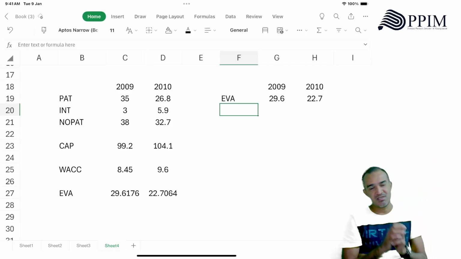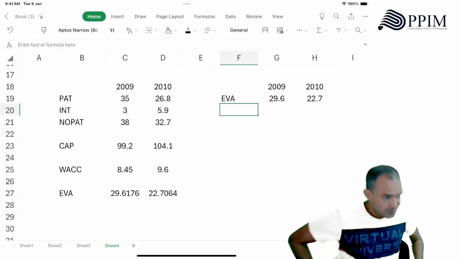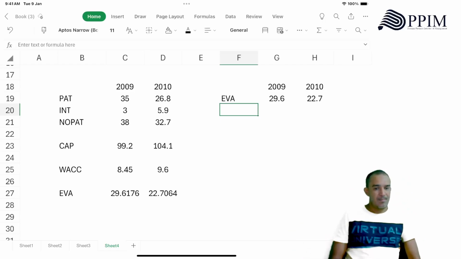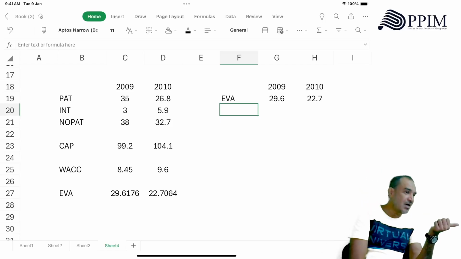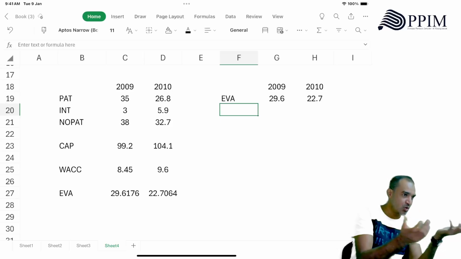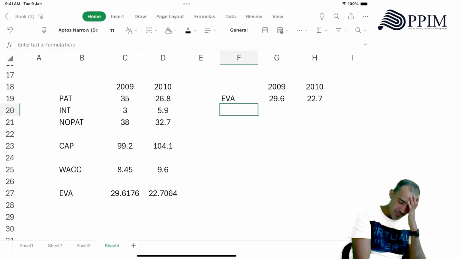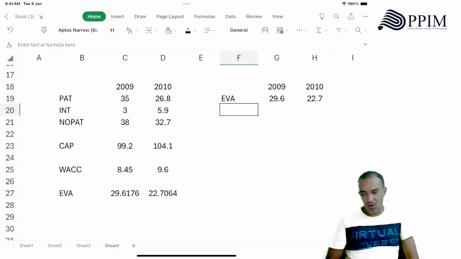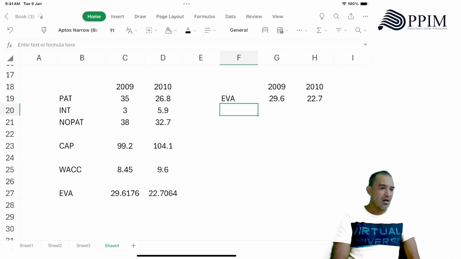If they ask for assumptions, write this list. Right, assumptions. Now, in this sum, they did not give us accounting and economic depreciation, isn't it? So the assumption is they both are the same. Hence, no need for adjustment. So number one, economic and accounting depreciation are the same.